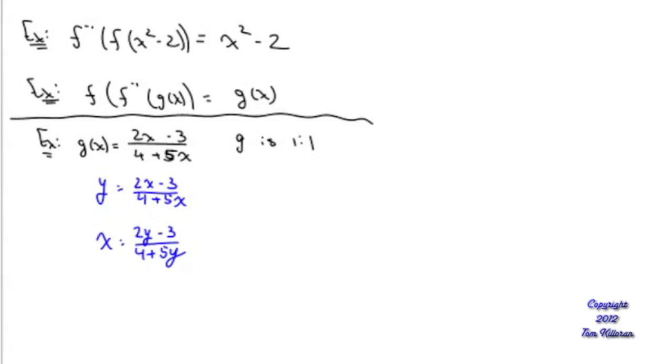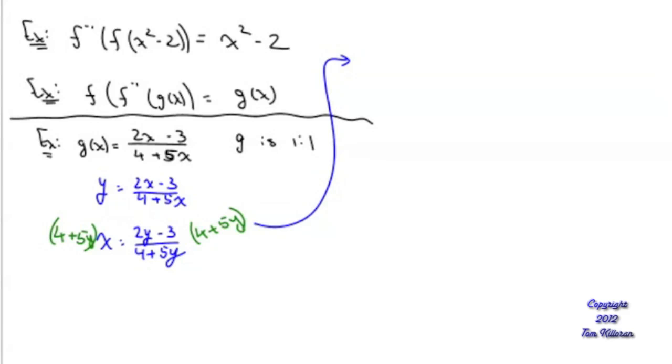What would be the first step? Multiply both sides by 4 plus 5y, the common denominator. Get rid of the fraction, just like any old linear equation. Get rid of fractions, get rid of parentheses, all that fun stuff.